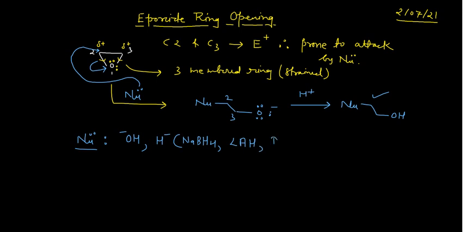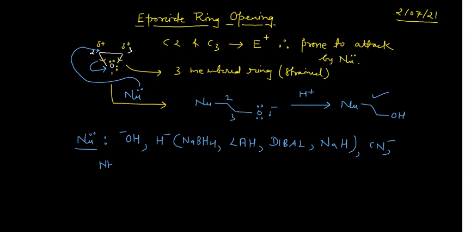You can use DIBAL, and you can use the most reactive hydride, that is sodium hydride. These are the sources of hydrides, and along with the hydrides you can use cyanides in that case. They are also nucleophilic in nature.